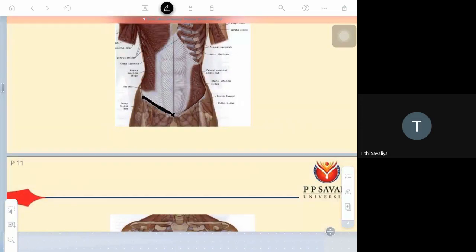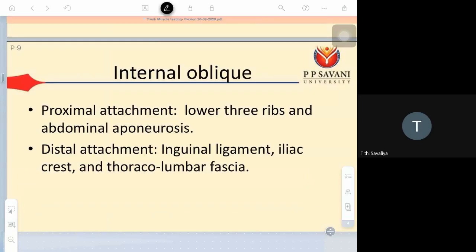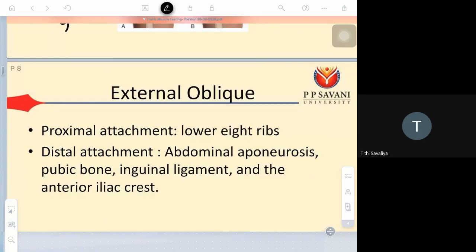So here also it takes attachment. Distal attachment: abdominal aponeurosis, pubic bone, inguinal ligament, and anterior iliac crest.